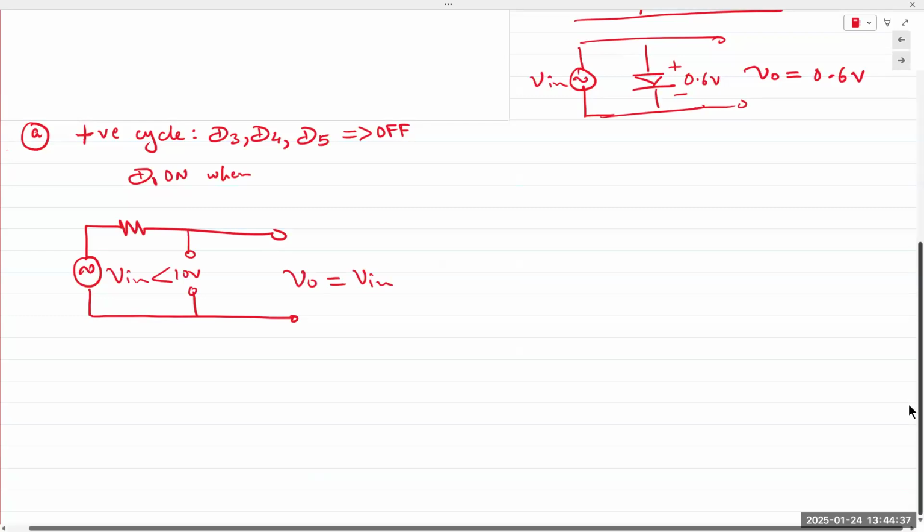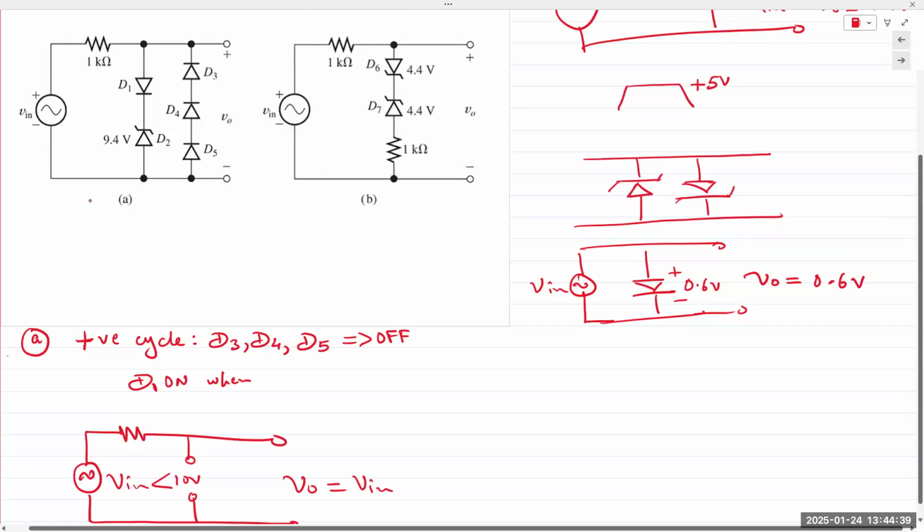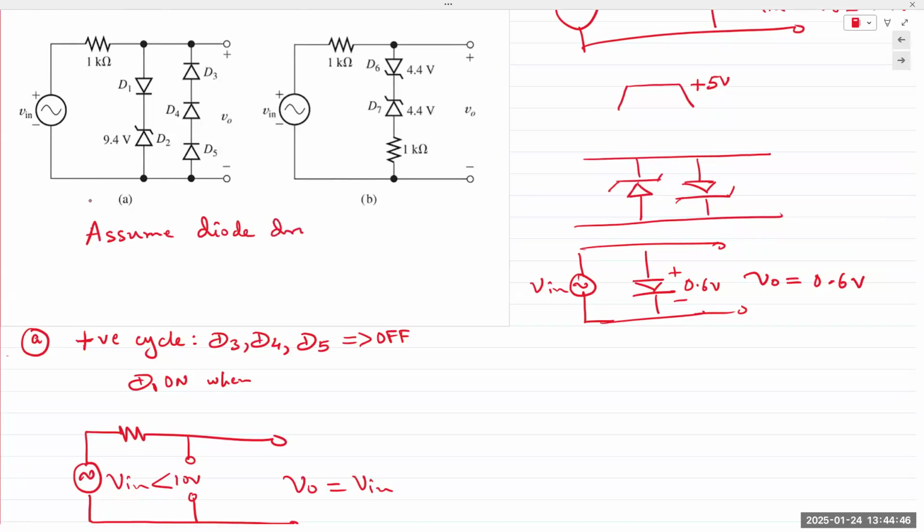But if we assume a diode drop of 0.6 volts, not ideal diode, if it was an ideal diode, it would be 9.4. You can assume whatever you wish if it's not stated.